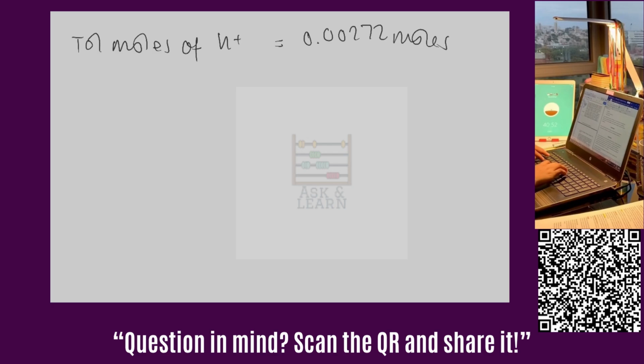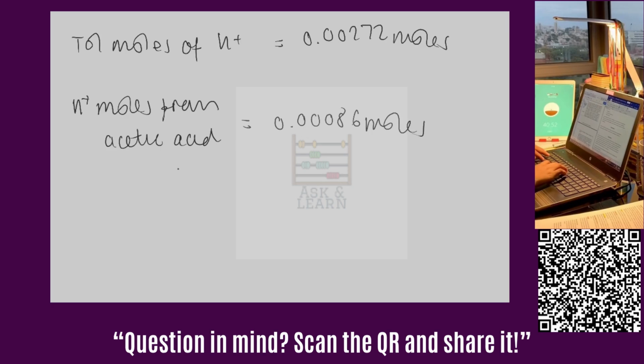So the H plus moles from acetic acid would be 0.00086 moles, and then we can determine the mass of acetic acid.